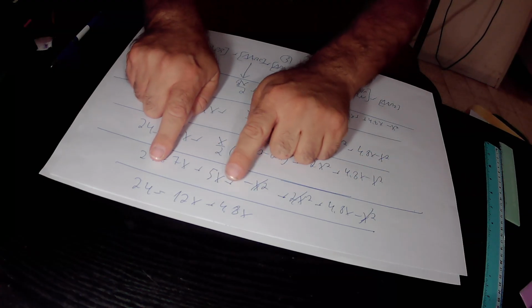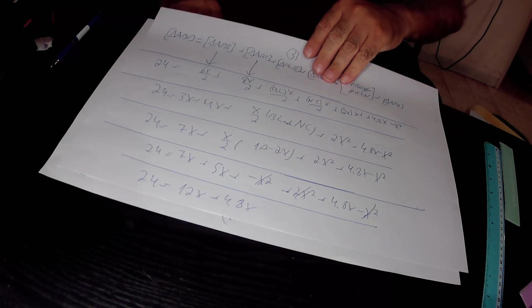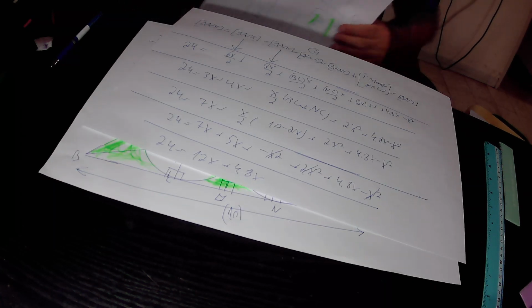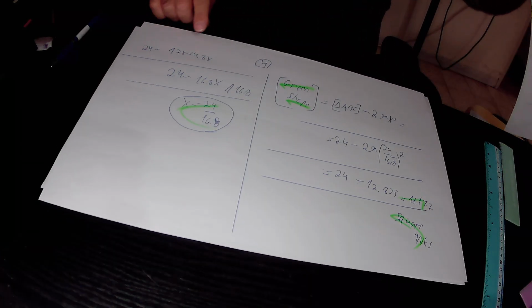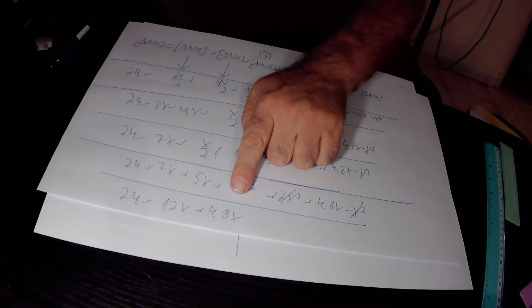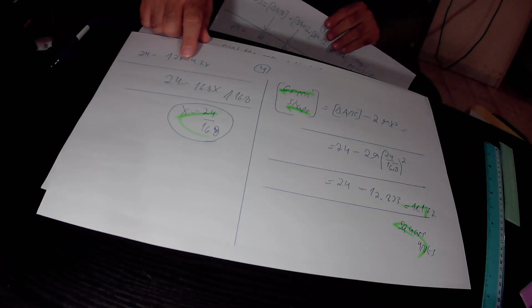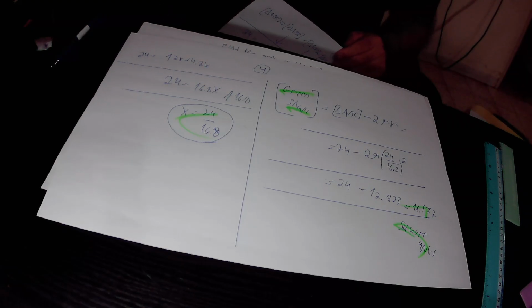So in total 24 equals 12x plus 4.8x, which equals 16.8x. So 24 equals 16.8x. Here we divided this equation by 16.8 and finally found that x, that is the radius of the circle, equals 24 over 16.8 units in length.